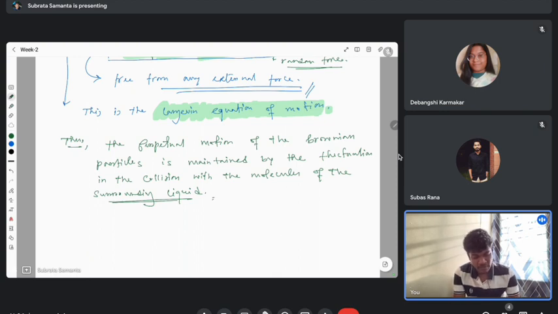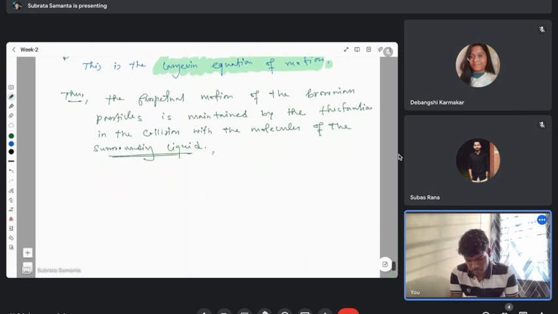The perpetual motion of the Brownian particles is actually caused by the fluctuations of the collisions with the other molecules in the bulk. So we take this fluctuation as a kind of random force, and we make assumptions.